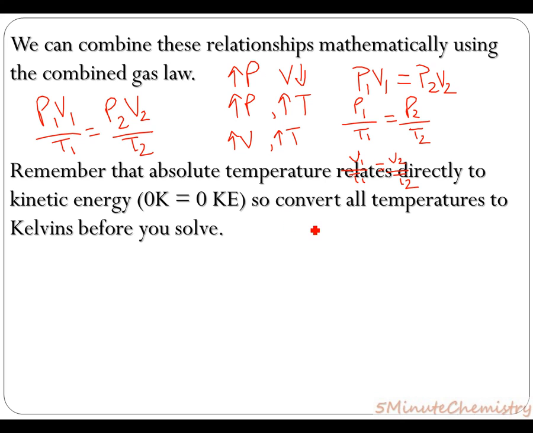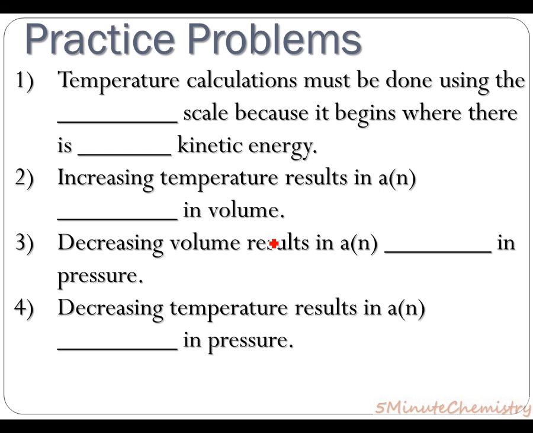Remember that absolute temperature relates directly to kinetic energy, so we have to convert all temperatures to kelvins prior to solving these. Okay? So I'm going to let you go ahead and work these out.